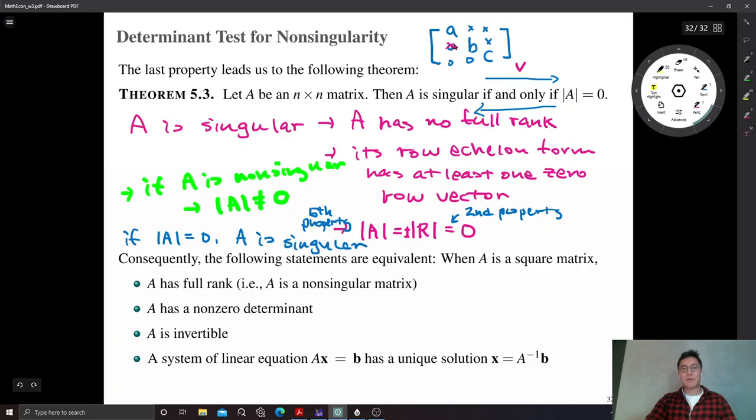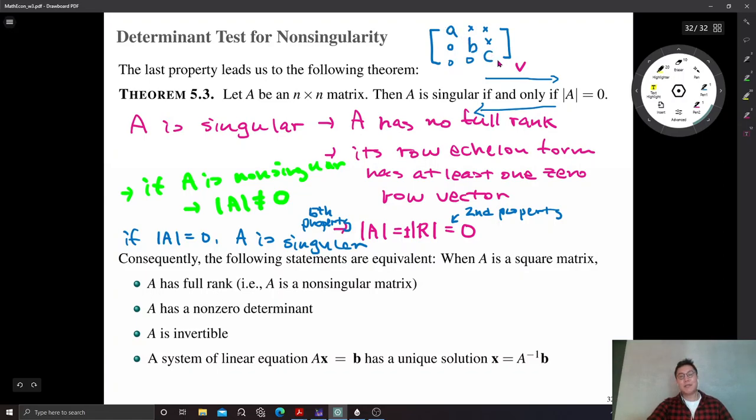We can kill this number by scalar multiplication or row addition of the first row. So the row echelon form for a non-singular matrix must take this form. What is this? That is a triangular matrix, and the determinant is going to be the product of these three diagonal entries.